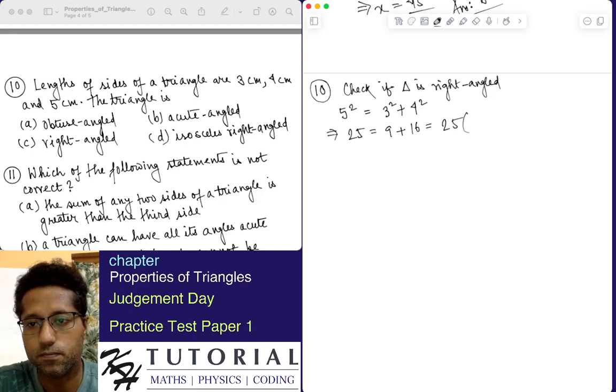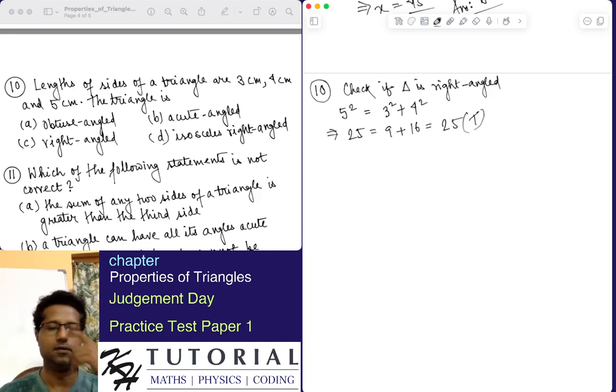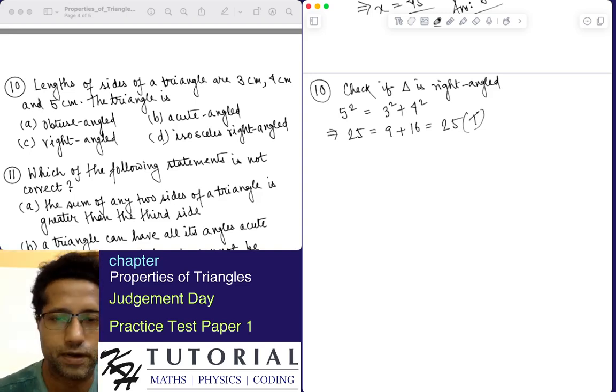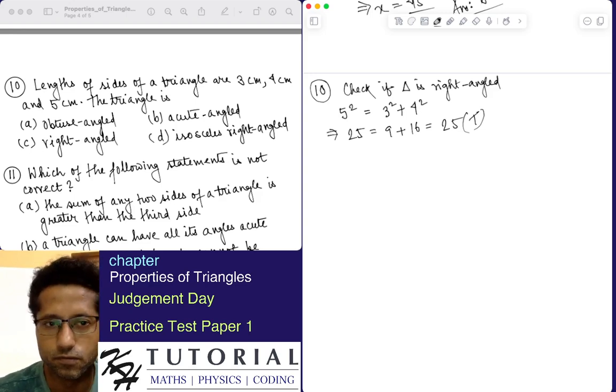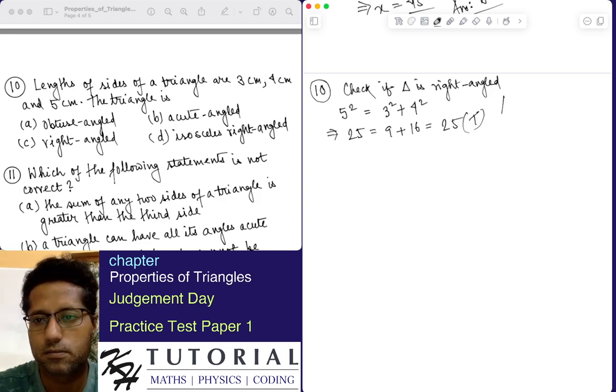So it is true. The triangle is right angled, with the hypotenuse of length 5 and the other two sides 3 and 4, so 5 square equals 3 square plus 4 square. So definitely it's right angled. The answer is choice C.